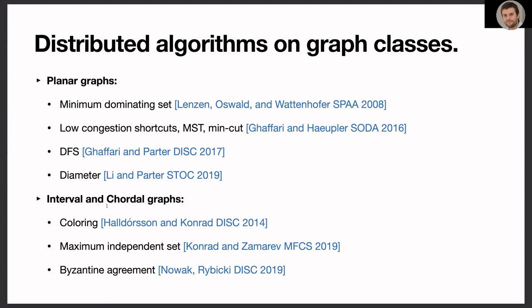This also is the case for interval or chordal graphs, where we can compute quickly a coloring, a maximum independent set, or there are some results regarding Byzantine agreement. For many of these problems there are exact solutions or sometimes approximate solutions. So these graph classes are also used in the distributed context, right?